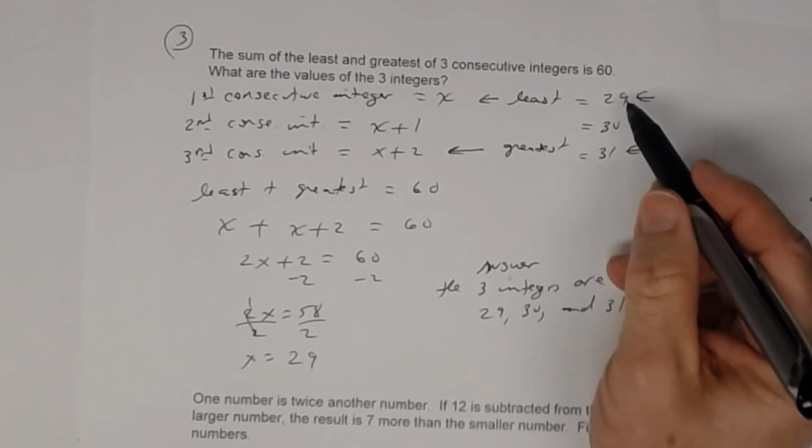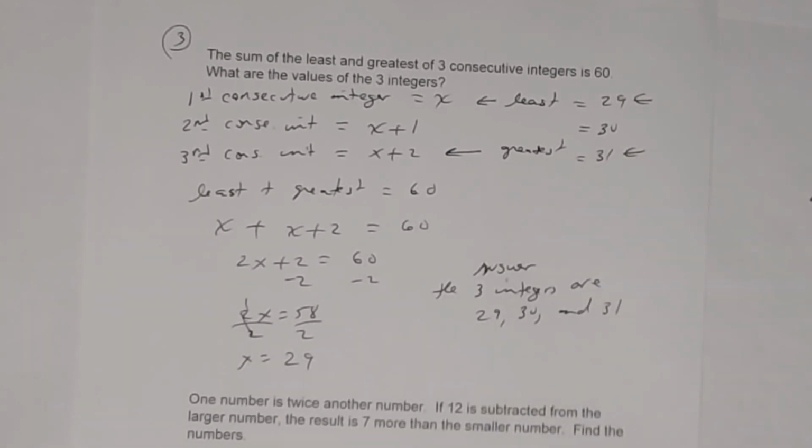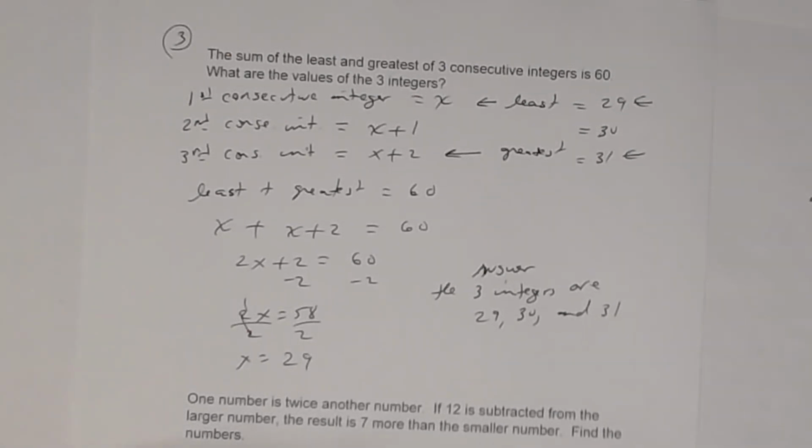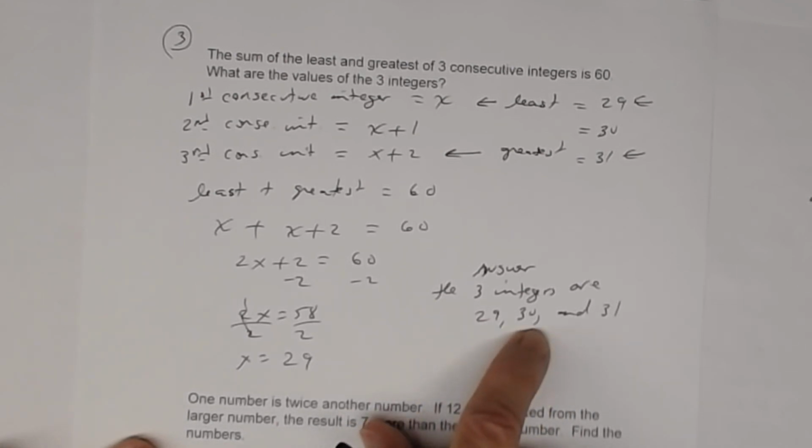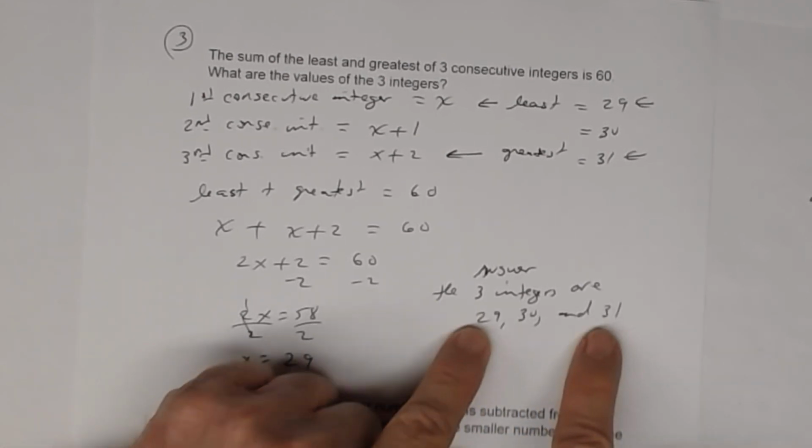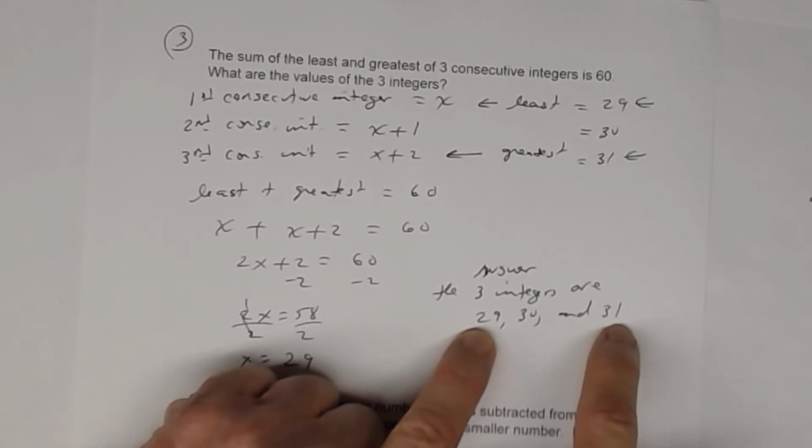Because that's what the problem said. So 29 plus 31 is 60. So always go back and make sure you read the problem carefully. If you're not careful, you're going to overthink it and then think what you have is incorrect. It said the sum of the least and the greatest, so that has to be 60. 29 plus 31 is 60.